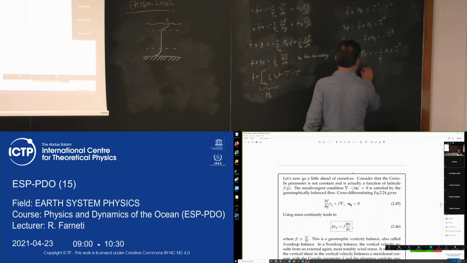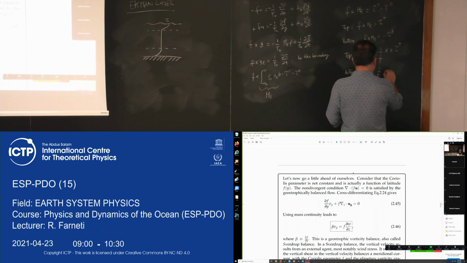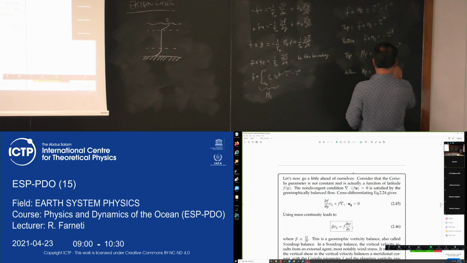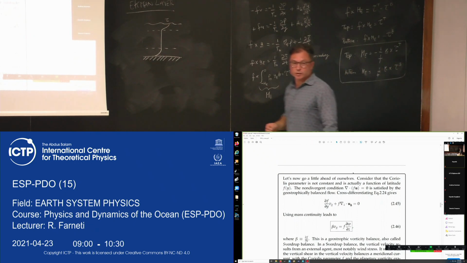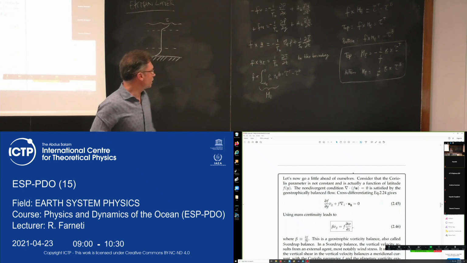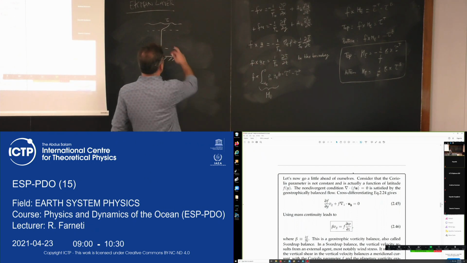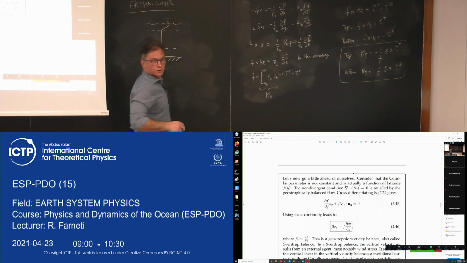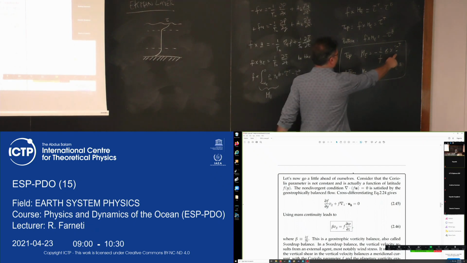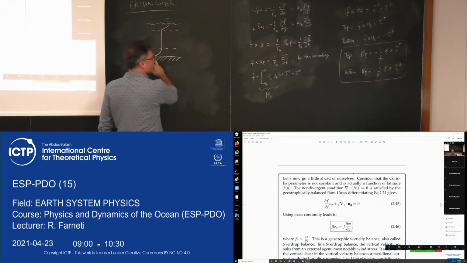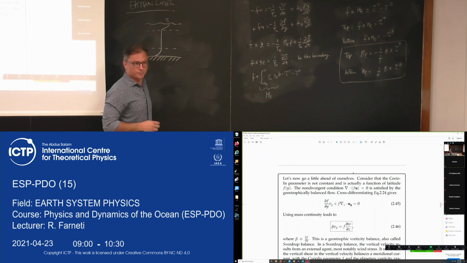And for the bottom, you have minus 1 over f k cross tau B. So these are the mass transports for a top and a bottom boundary layer. The top boundary layer only cares about frictional effects at the surface, of course, and the one at the bottom only cares about frictional effects at the bottom.